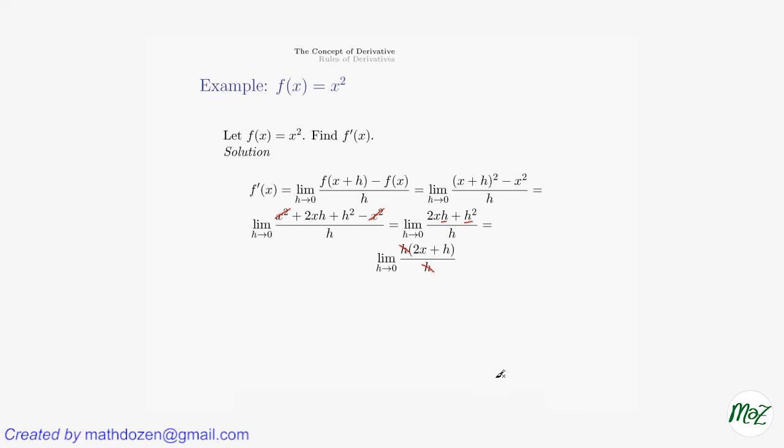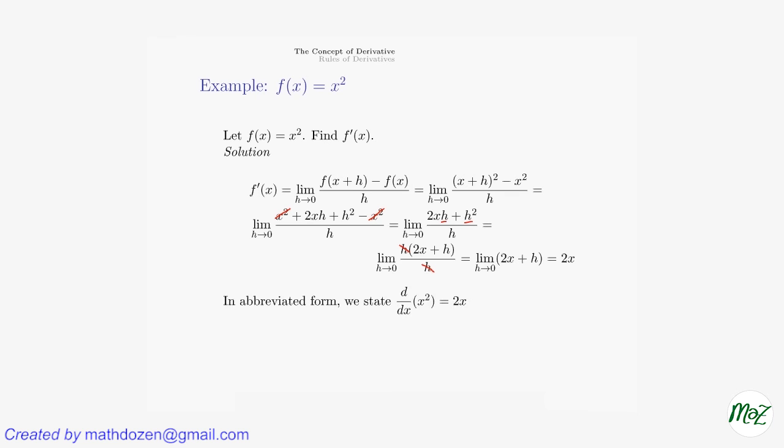Now we see that h can be cancelled both in numerator and denominator. Then the limit becomes the limit as h goes to 0 of 2x plus h. And into this expression we can put h equals 0 and get the limit 2x.